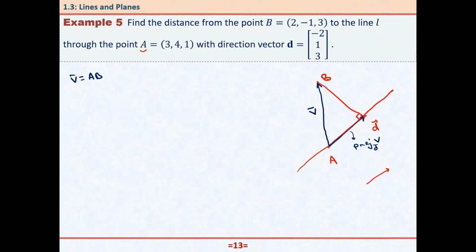As you see here, this V, plus this plus this equals V. From here, what is this vector?